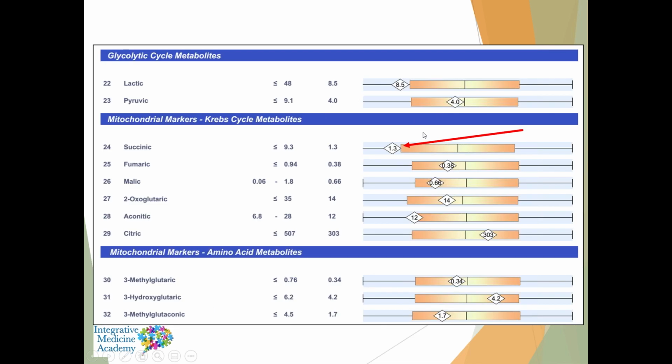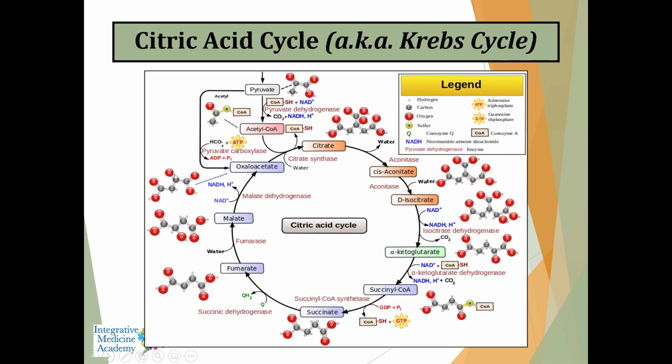Another interesting marker on the OAT under the Krebs cycle metabolites, so we've got glycolytic, Krebs cycle, and the amino acid metabolites all linked to mitochondrial function, is this marker called succinic acid. Succinic acid has a strong association with chemical exposures when it's elevated. Now, succinic acid and its enzyme succinic dehydrogenase are linked to both the Krebs cycle, right here, as well as the electron transport chain.